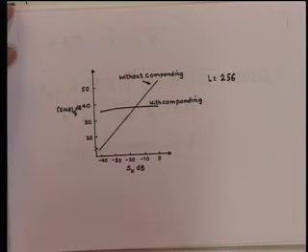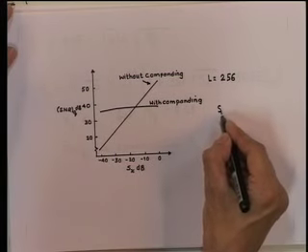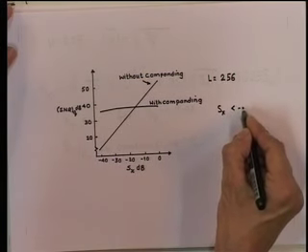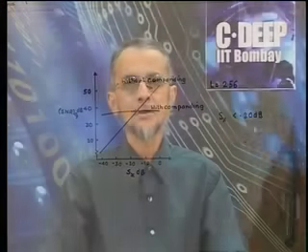From this figure, it is clear that there is a considerable companding improvement for S x less than minus 20 dB. So, in the design of a quantizer, there are three important issues.